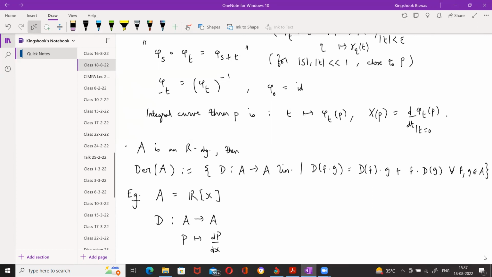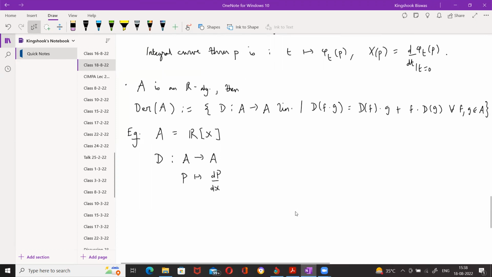So again, since we're doing things purely algebraically, here's another purely algebraic fact. This is just algebra. This space of derivations is clearly a vector space, but it has an additional operation called the Lie bracket.